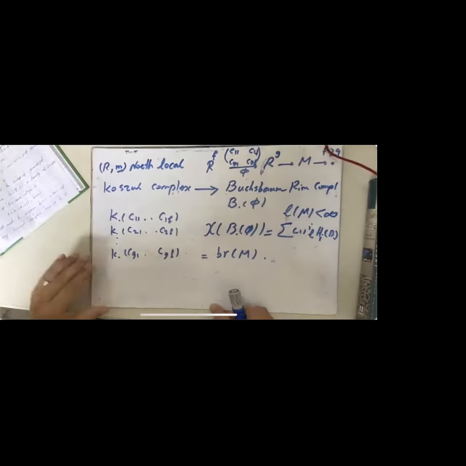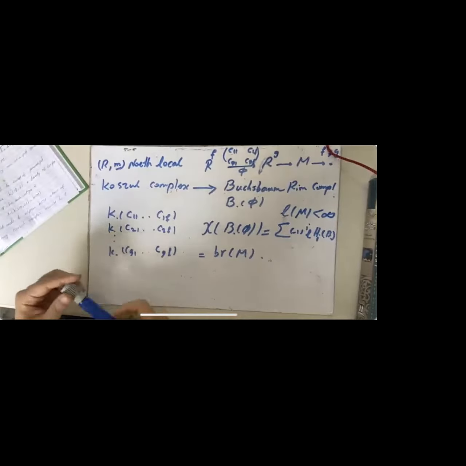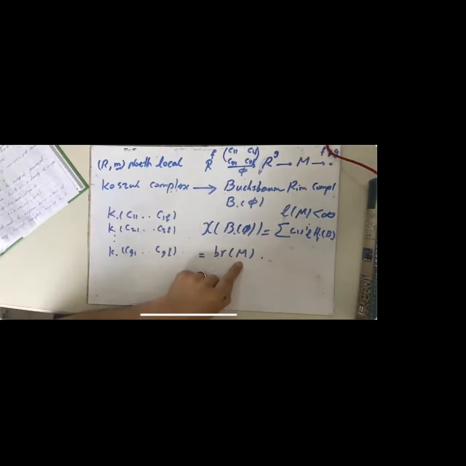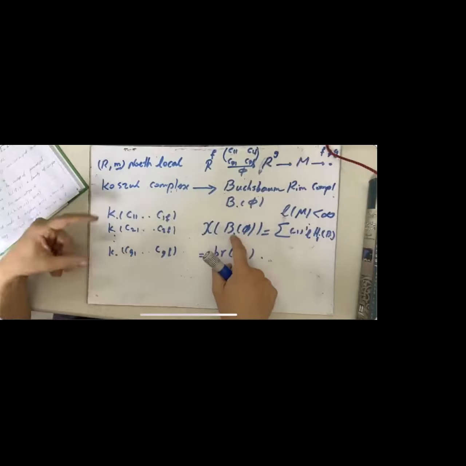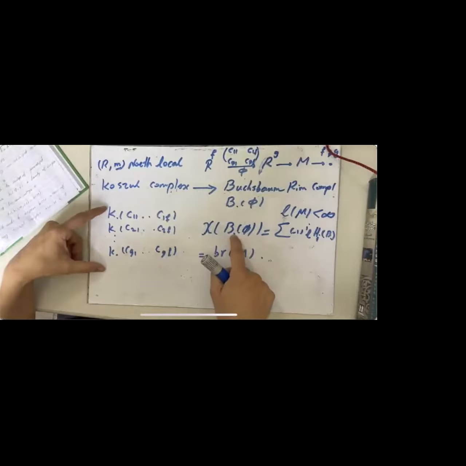This is indeed what one would expect, no? Because they indeed generalized the result. But the only bad thing is that this complex is not a Koszul complex. It is a generalization of the Koszul complex, and this is the Buchsbaum-Rim complex, right?